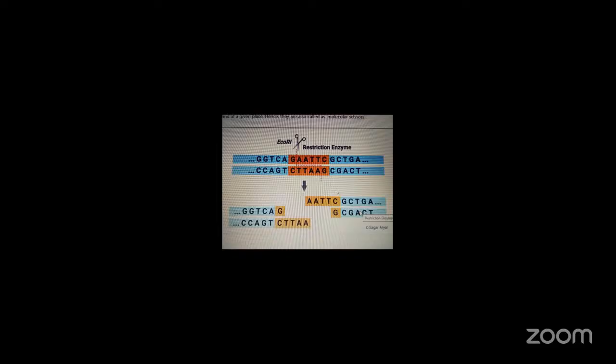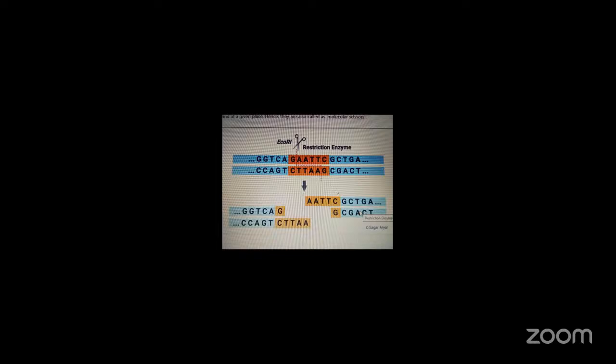So there are some types of restriction enzymes. Traditionally four types of restriction enzymes are recognized, designated as 1, 2, 3, and 4.